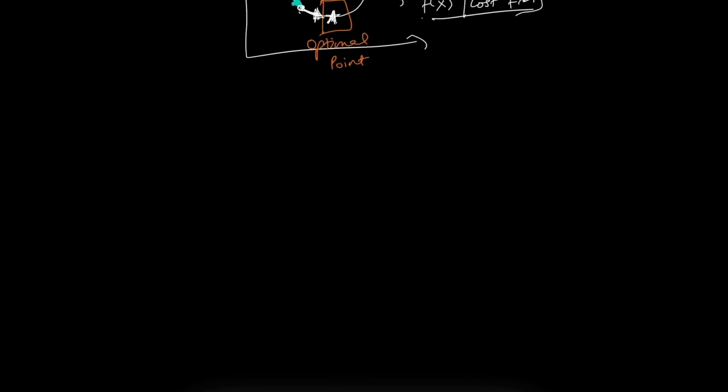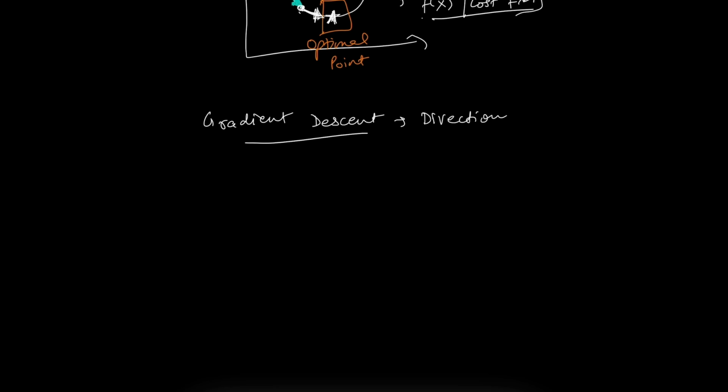Gradient descent basically gives us the direction of the update. And it tells us which way will lead us to the optimal value for this function, which is basically to minimize the cost.